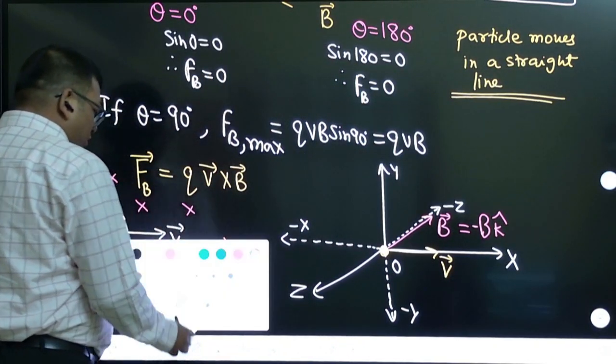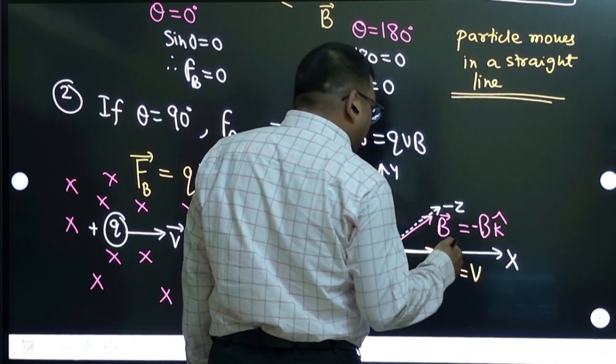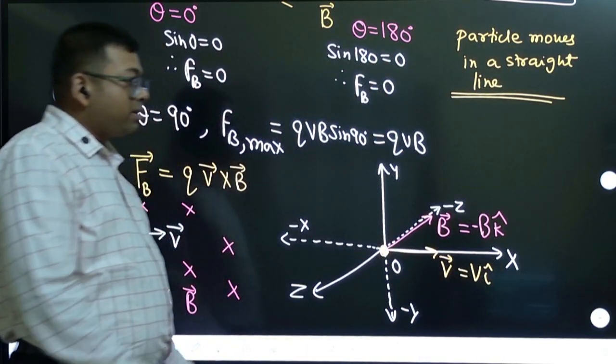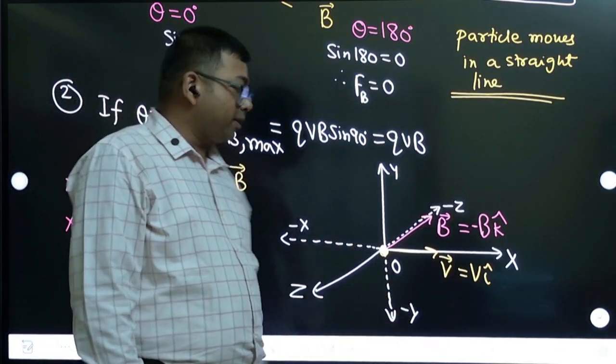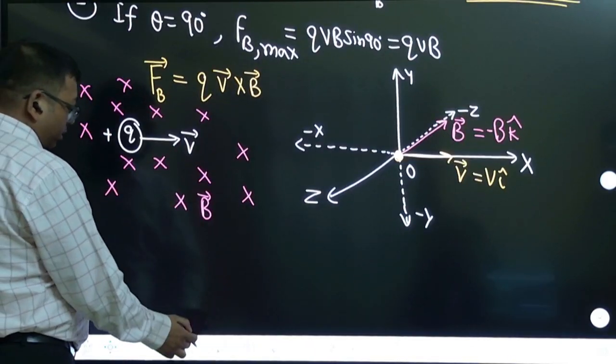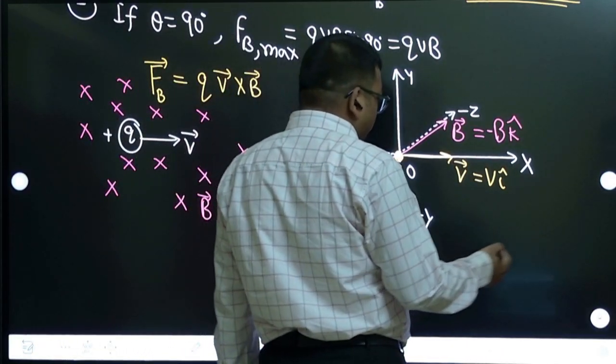Similarly, you can write the velocity vector. The magnitude is v and it is going along the x-axis, so v i cap. This is the velocity vector and this is the magnetic field vector. Now, what is the cross product? It is very basic, and I think all of you know it: i cross j, j cross k.